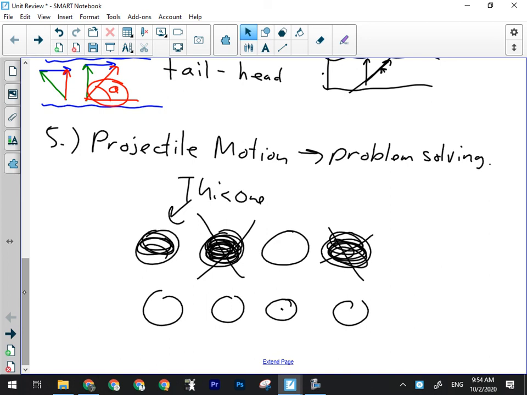You've got a boat question, an acceleration problem, a velocity versus time graph, a vector addition problem, and a position versus time graph problem. So that's what you're looking at.